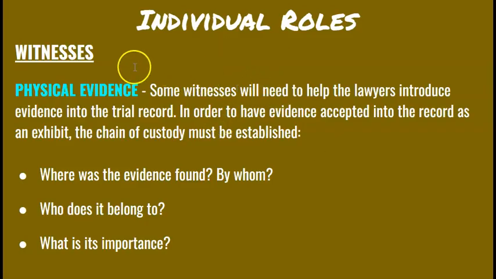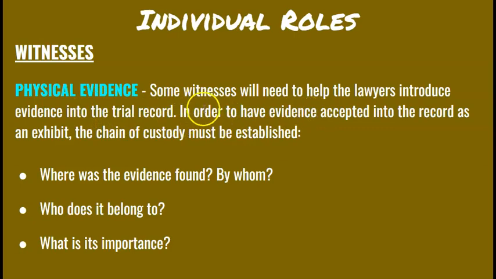Okay, let's talk just a little bit about physical evidence. You have to have three exhibits entered into the trial, which are physical pieces of evidence that you can submit. Think of it as evidence, clues, right? In order to do that, you as lawyers are going to have to introduce the evidence at the court.